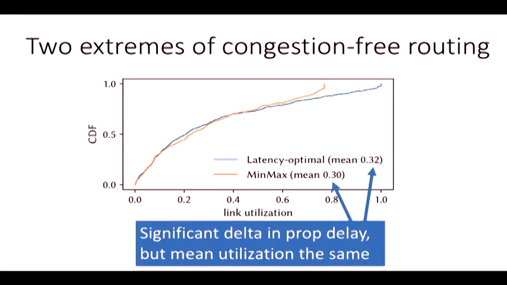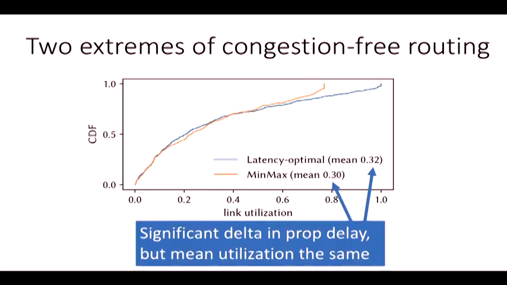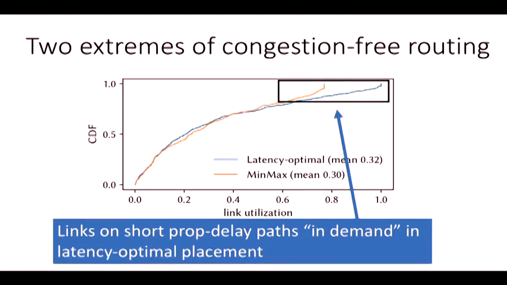Here we've picked a traffic matrix out of the ones for GTS, and plotted the CDF of the link utilization in the latency optimal case and in the min-max case. And you can see that even though there was a very significant delta in propagation delay, the mean utilization of links is pretty much the same, except for the top. Links on short propagation delay paths are in demand in latency optimal placements.